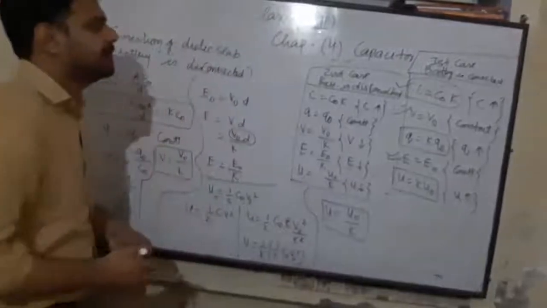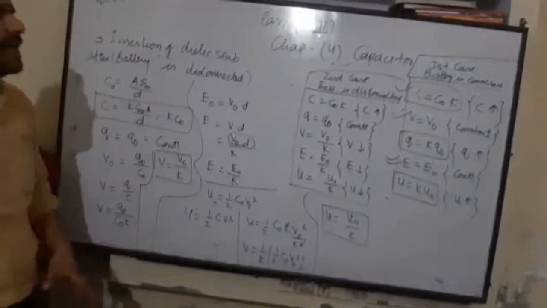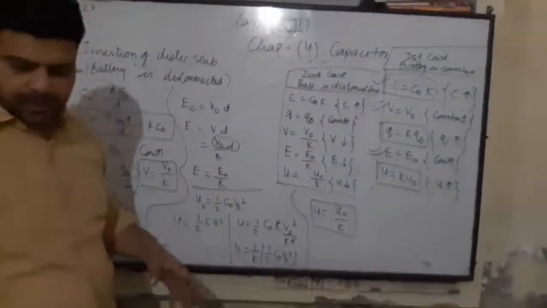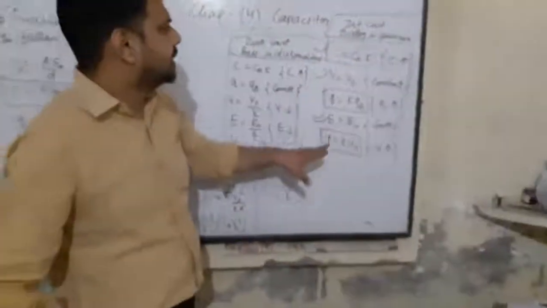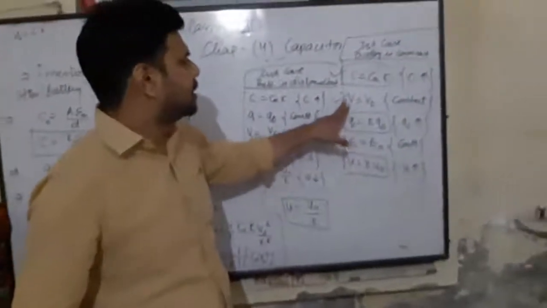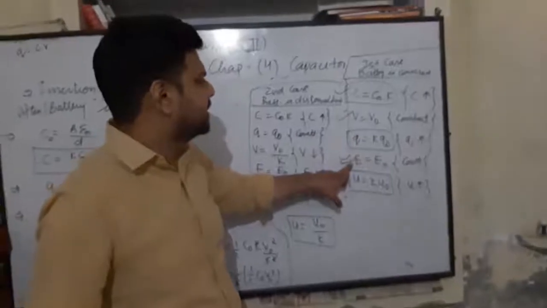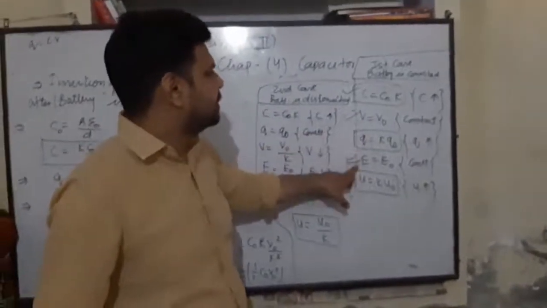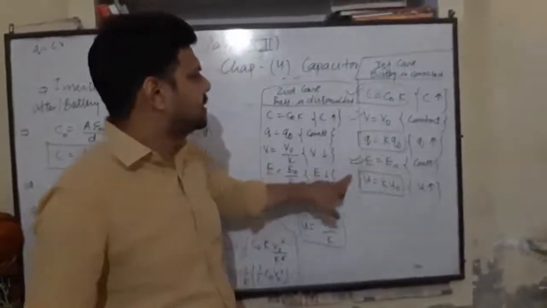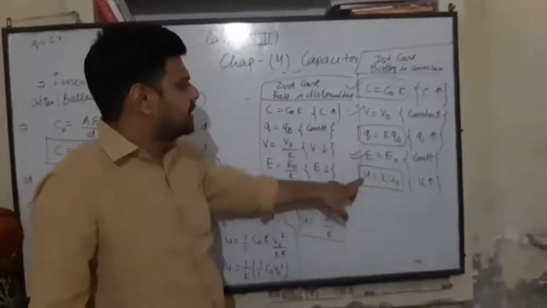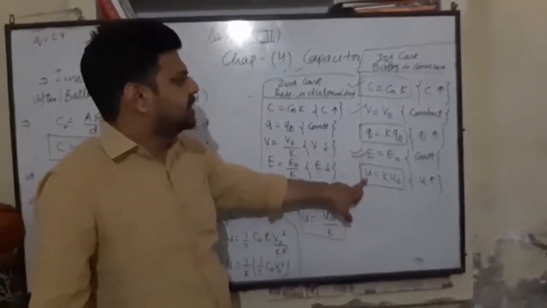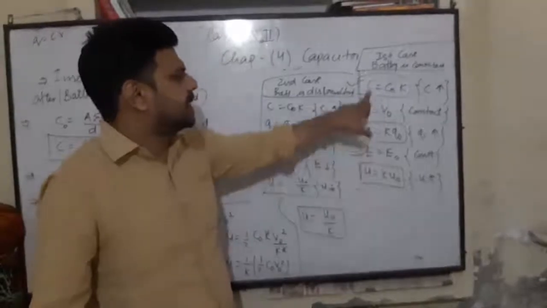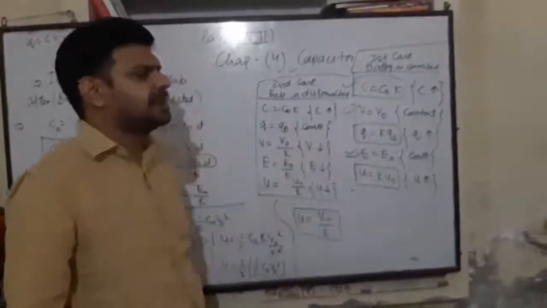So we can see when we insert a dielectric slab and the battery is connected, the potential difference and the electric field remain constant, but capacitance, charge and potential energy increase by K times. All three parameters increase.